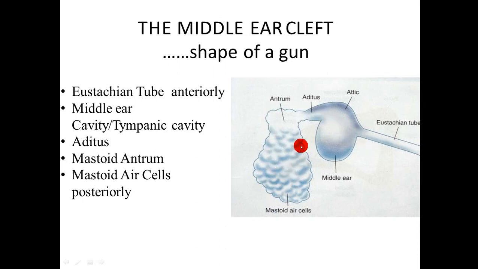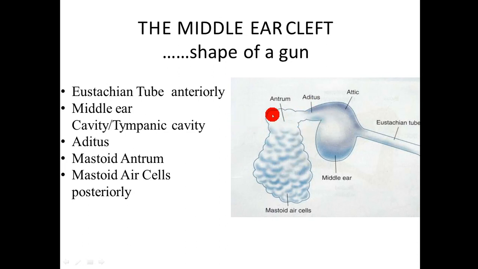Behind the middle ear, within the mastoid bone, we have the mastoid air cells and the mastoid antrum, and the middle ear is connected behind through an aditus. This tract which connects the middle ear with the antrum of the mastoid is called the aditus to antrum.